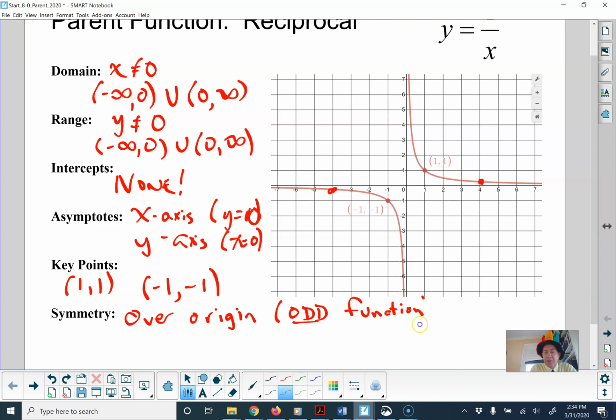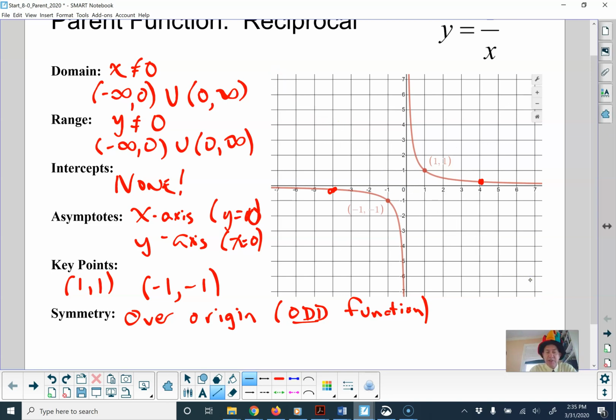But it's also got two more lines of symmetry that are kind of fun. It has a line of symmetry over the line y equals x. It also has a line of symmetry over y equals negative x.